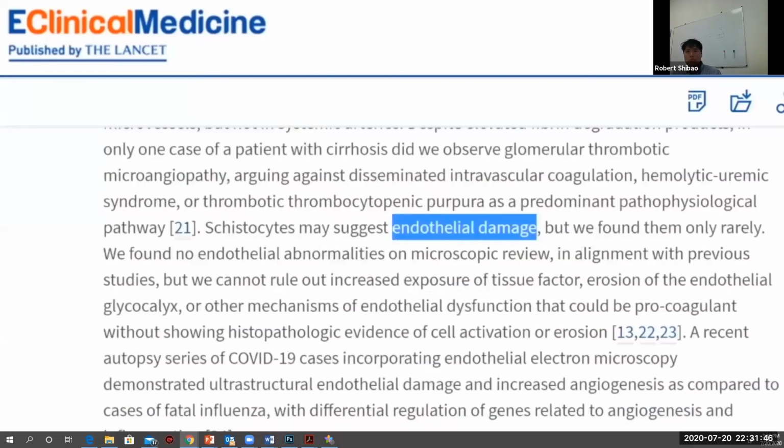A recent autopsy series of COVID-19 cases incorporated endothelial electron microscopy demonstrated ultrastructural endothelial damage and increased angiogenesis as compared to cases of fatal influenza with differential regulation of genes related to angiogenesis and inflammation."